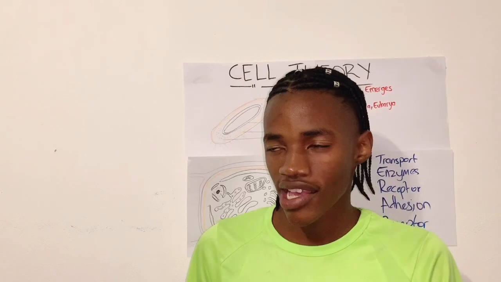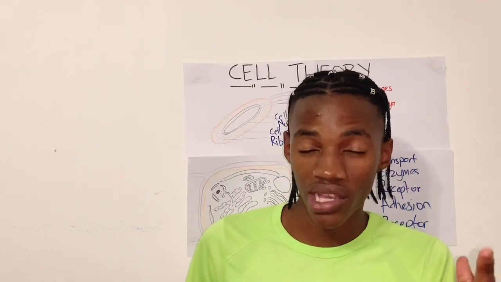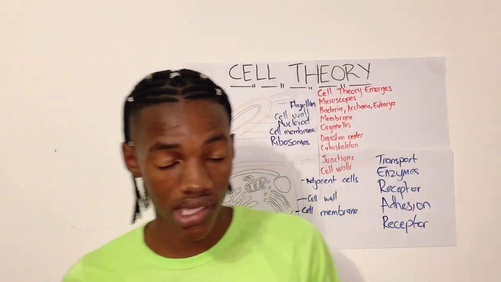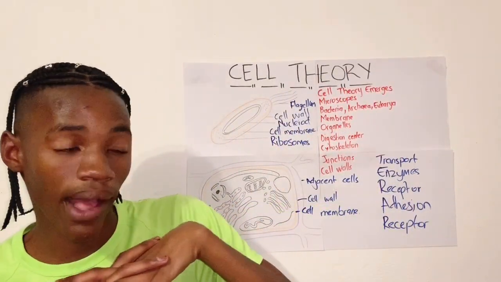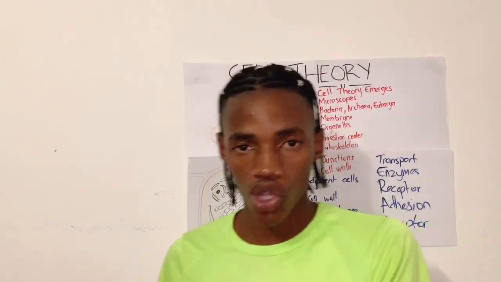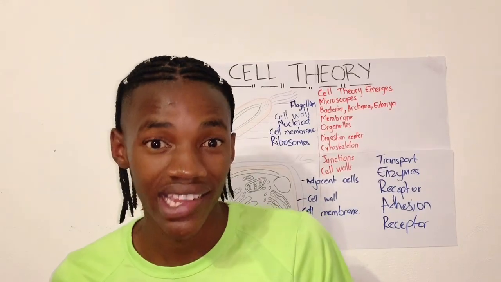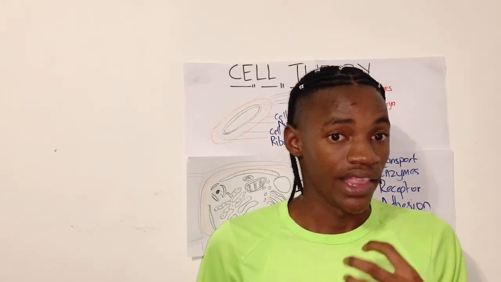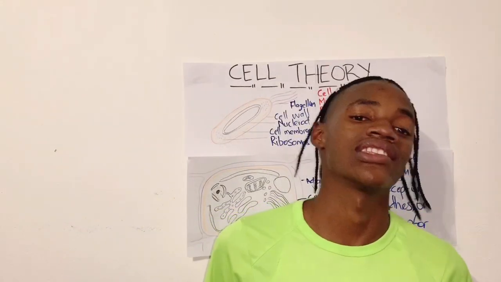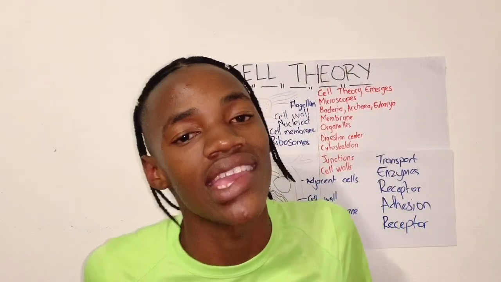Okay, and yeah, the chloroplast and the mitochondria are very, very important in the cell. And the chloroplast and the mitochondria have their own ribosomes and their own DNA, and they can produce their own things. They don't need the nucleus because they have their own things.